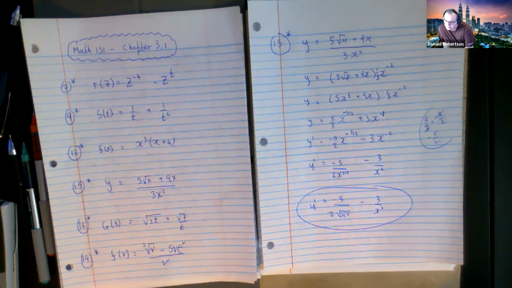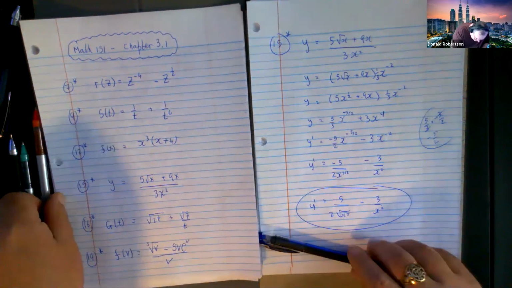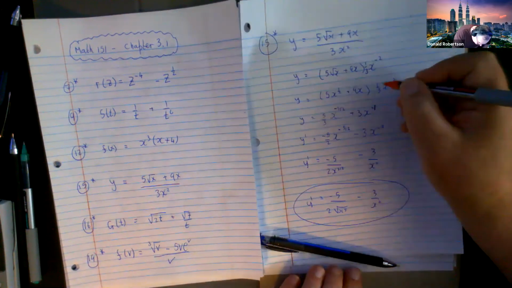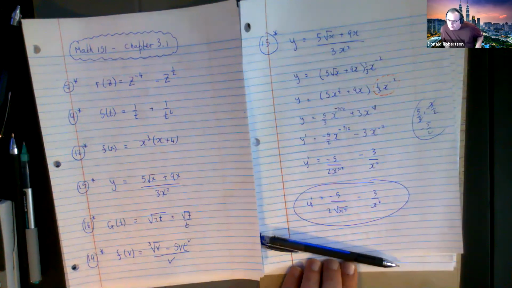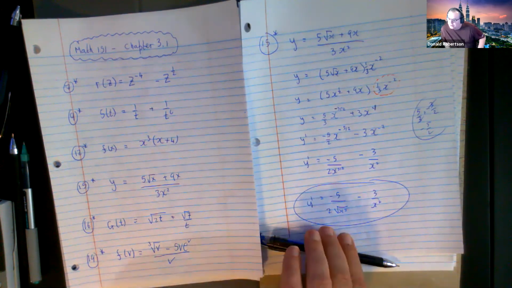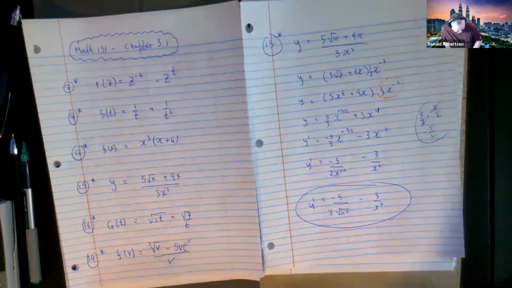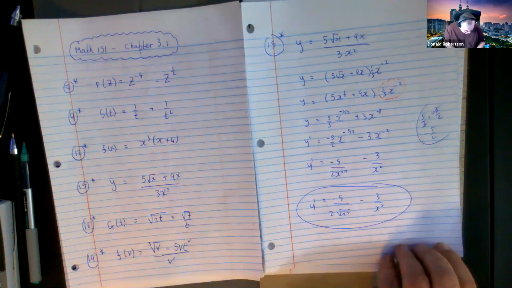Are we good with that one? The most likely place I think a mistake's going to happen is probably right there, because people will call it 3x to the negative 2 and not a third. So hopefully I've emphasized that enough so that you won't do that.